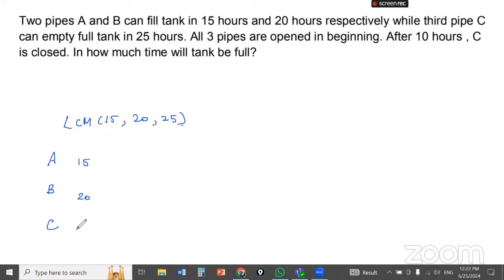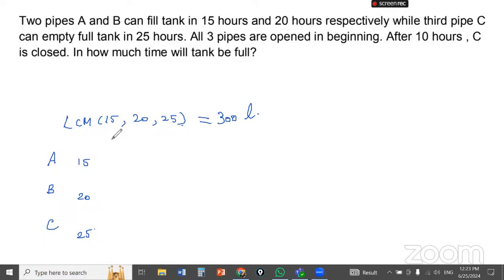Then C can empty in 25 hours. So the LCM of 15, 20, and 25 would be 300. So the tank capacity is 300 liters.